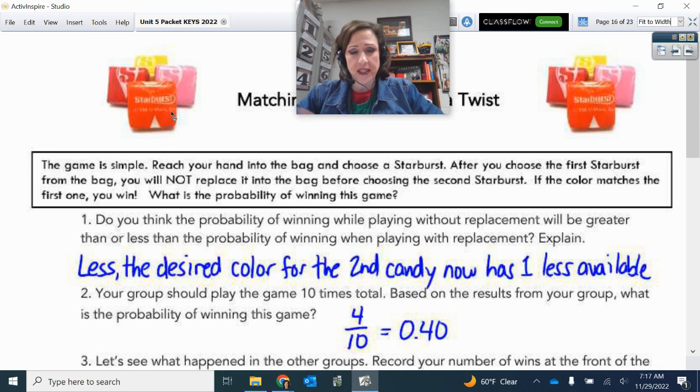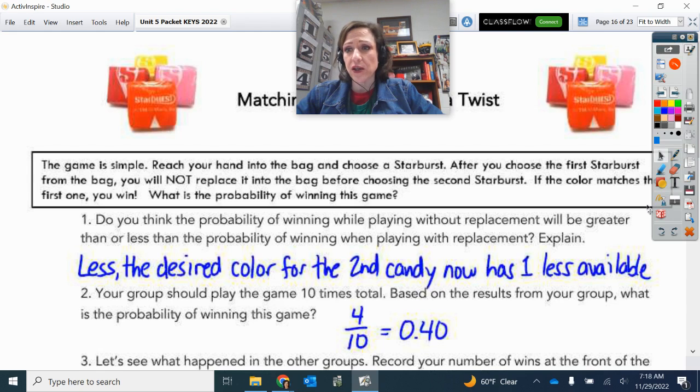What makes this a conditional probability problem is that when you reach your hand into the bag and choose a Starburst, you will not replace the Starburst back into the bag before you choose a second Starburst. Okay, so that's a big deal.